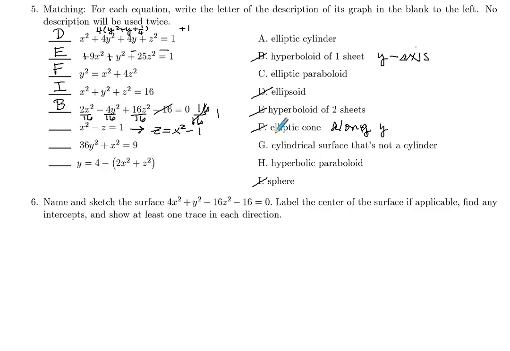That is G here, a cylindrical surface that's not a cylinder. Cylinders would be like x squared plus z squared equals 1, or x squared plus y squared equals 1. Okay, so that's G.